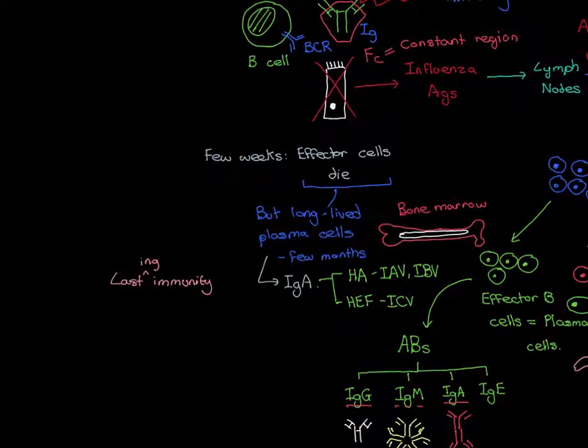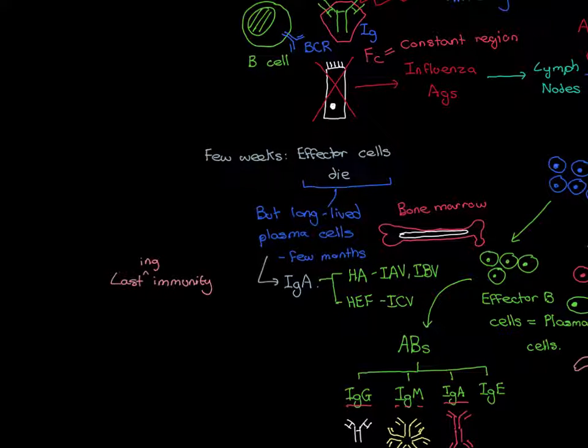So I hope I've communicated what I wanted to communicate here, that for a few months after the infection, your lasting immunity to the influenza virus will come from the fact that in the mucus you have IgA molecules directed against its entry protein, whether that's hemagglutinin or hemagglutinin esterase fusion, which will neutralize it as soon as it lands on the epithelium, and therefore will make it impossible for that virus particle to then infect the ciliated columnar epithelial cells.